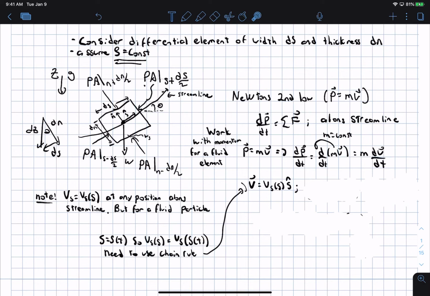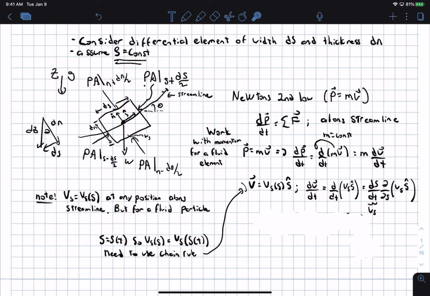So we just take the time derivative, being careful about the chain rule. We start working through it. So we have ds/dt times partial V_s over partial s.